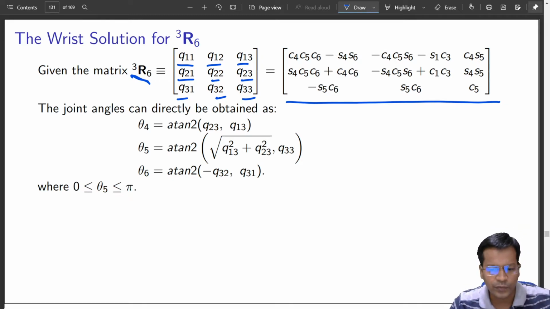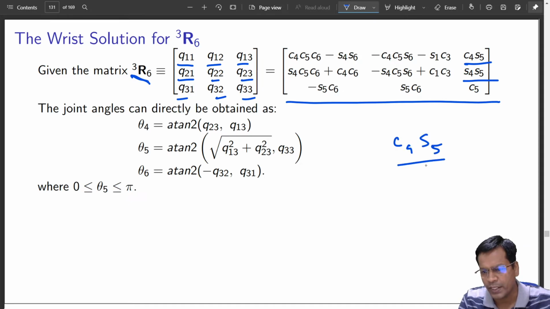Look very, very carefully now at what I am doing. If you just use these last two terms, C4S5 and S4S5, and divide them, what will you get?